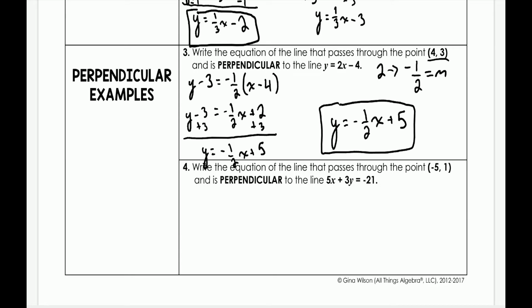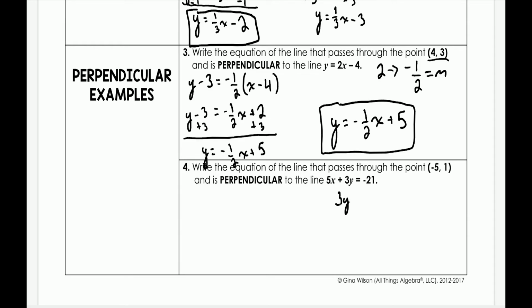Now, finally, we are going to number 4, and we are asked to write the equation of the line that passes through the point negative 5, 1, and is perpendicular to the line 5x plus 3y is equal to negative 21. So, what we're going to do is rewrite the standard form into slope-intercept form. So let's go ahead and do that. First off, we're going to subtract 5x from both sides.